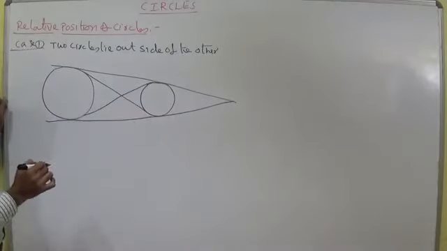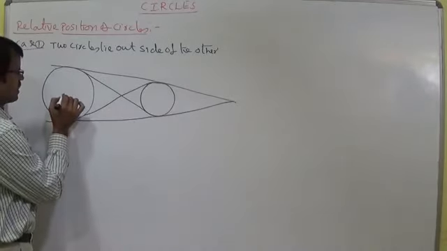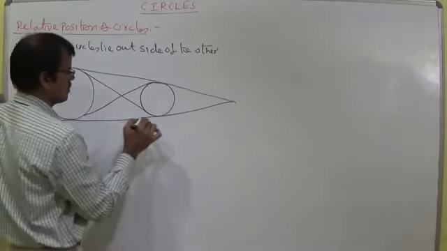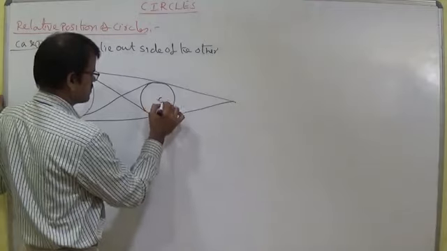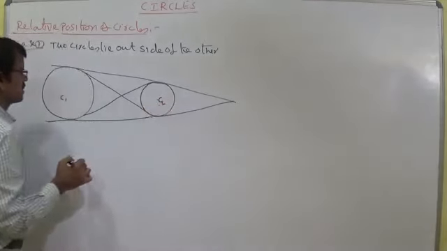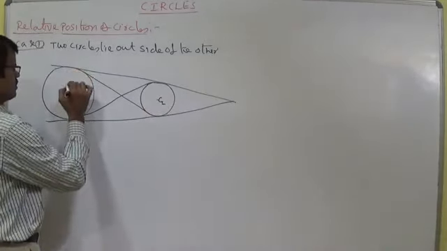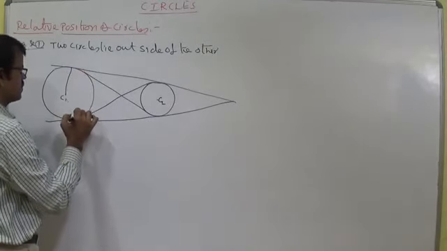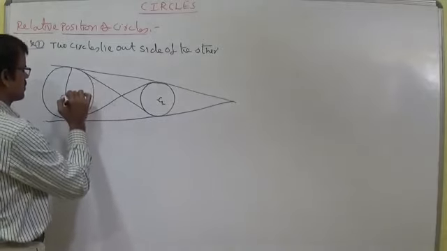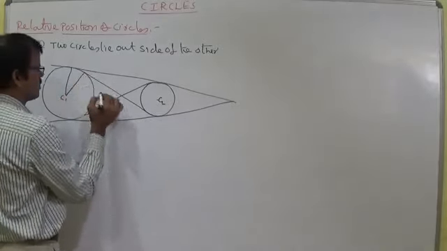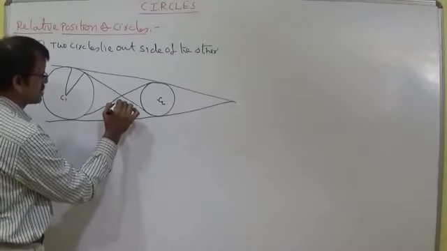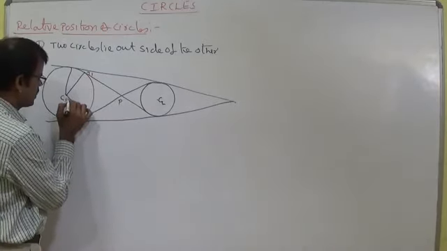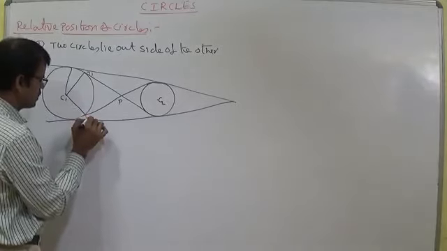Now in the theory I want to discuss with you. This is center C1 and this is center C2. Put here R1, the point of contact. Let these two tangents intersect at point P, put here T1 and here T2.